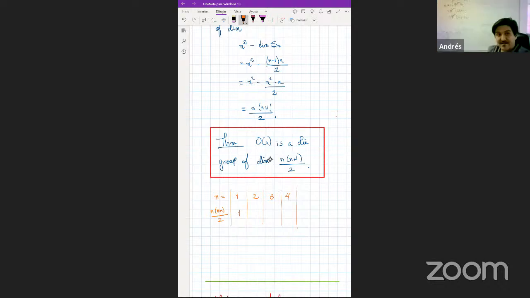Then 3. 3? And then 6. Then 10. Okay, so that means that O1 has dimension 1, right? What is O1?